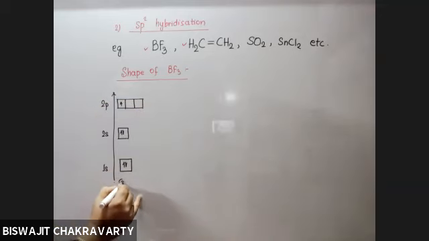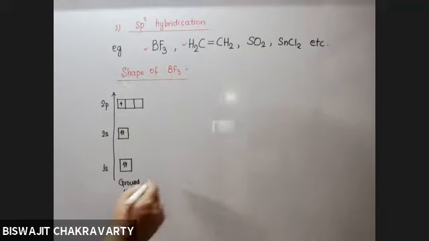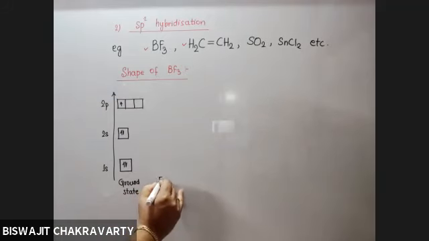This is the ground state. So as you can see that in the ground state, there is only one unpaired electron, but the valency of boron in BF3 is 3, which means that the ground state electronic configuration does not match up with that of the valency shown by boron, and hence we need to take the help of excited state.